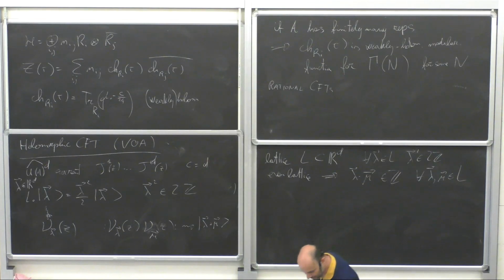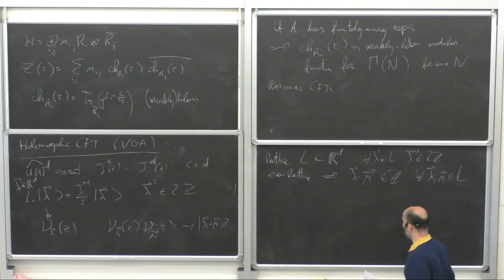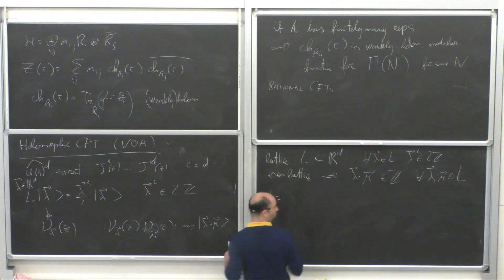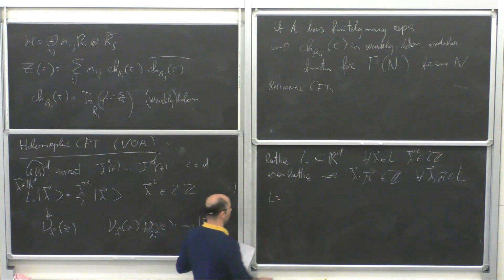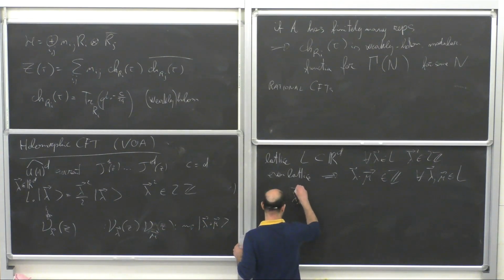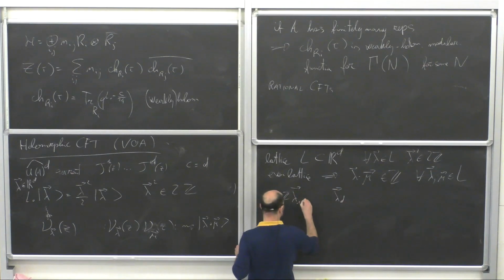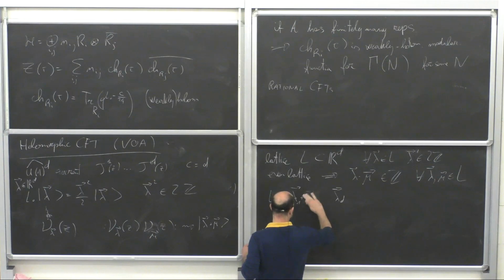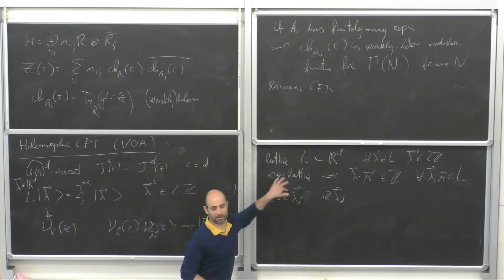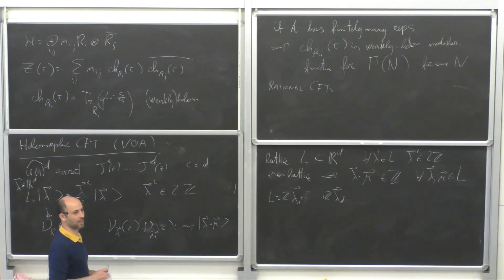You can also choose a D-dimensional basis of your lattice, say lambda_1, ..., lambda_D, and then you can describe the lattice as integral linear combinations of your basis vectors.